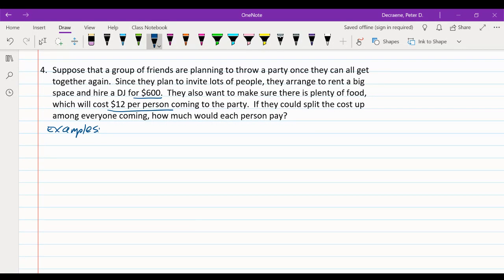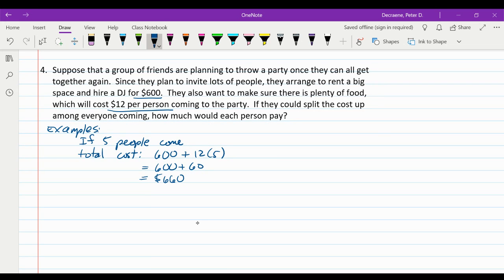If there's only 5 people coming, I hope there's a lot more than that. But if 5 people come, the total cost is going to be the $600 they have to pay plus $12 times 5 people. So that's going to be 600 plus 60 equals $660 is the total. That's the total cost, though. They're going to divide it up amongst each person.